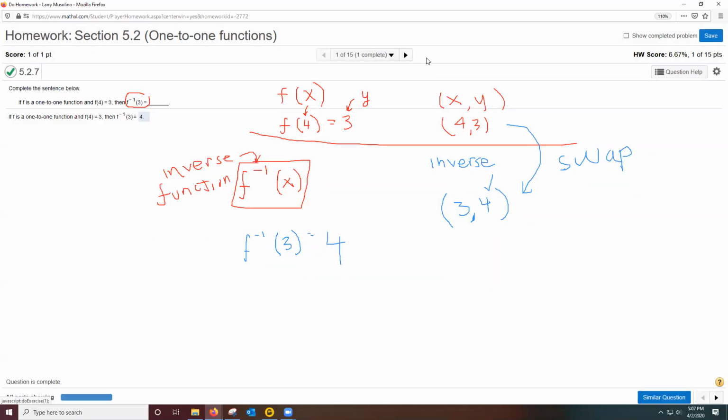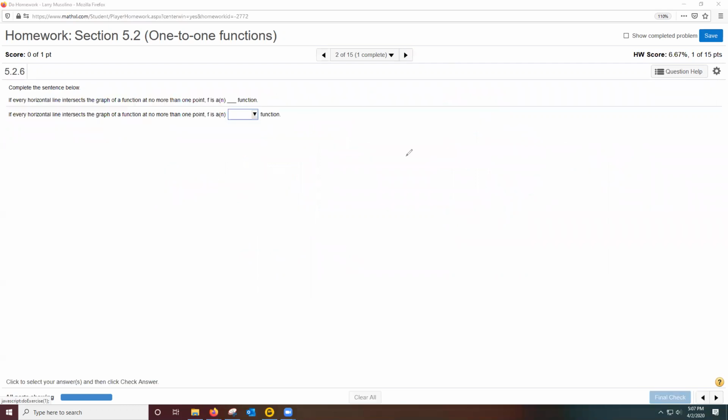All right, let's go to another example. Now, when we're working with a function, we want to know if a function is called one-to-one. So if we have a function, let's say f of x, the question is going to be, is it one-to-one?